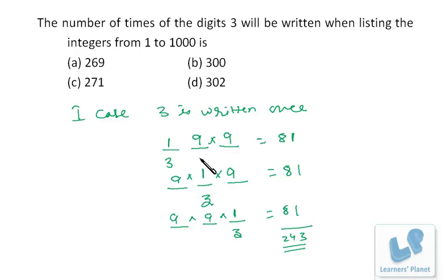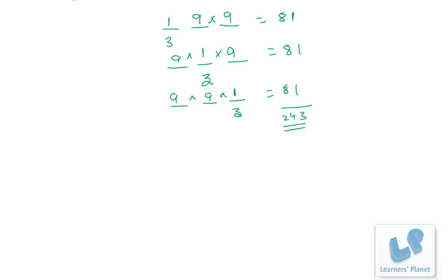Now suppose 3 is coming two times. 3 is written two times, right? So we have three places. From these three places we are selecting two places, right? In the two places we are going to arrange number 3, and for the remaining one place we have 9 choices.